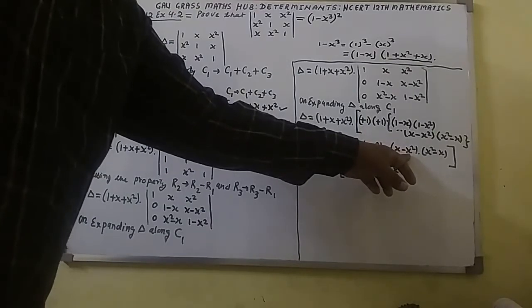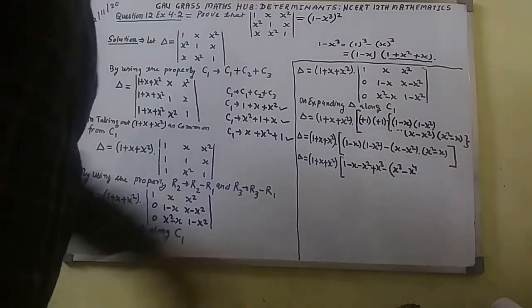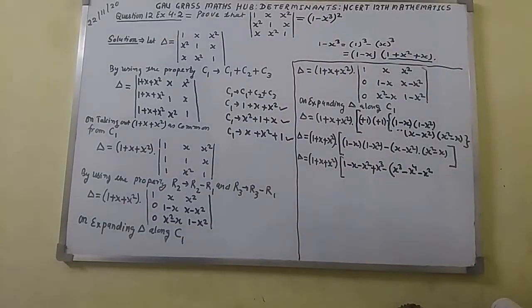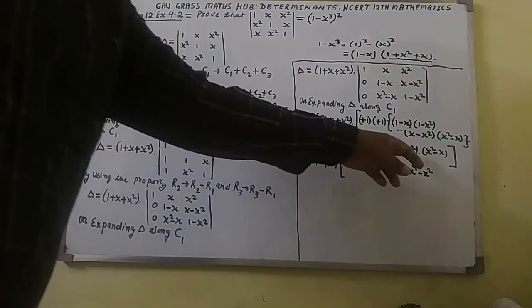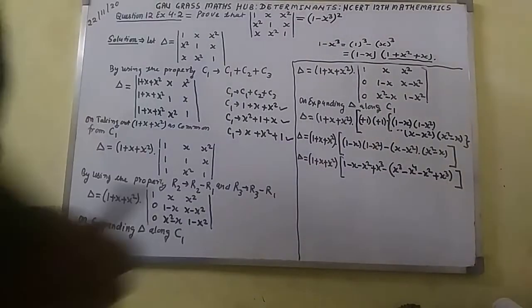Minus x square will multiply to x square, we will get here minus x to the power 4, and minus x will multiply to x, so here we will get minus x square, and minus x square will multiply to minus x, you will get here plus x cube. This thing you will get.